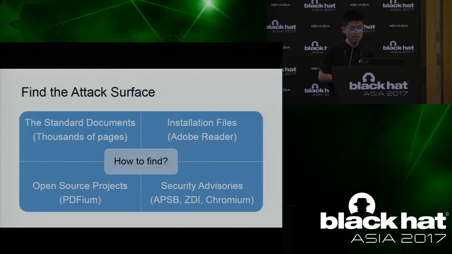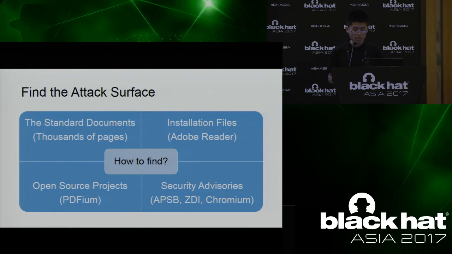The second one is to investigate the installation files. I'll talk about it later and use Adobe Reader as an example here. The third one is to investigate open source projects. Also, I'll talk about it and use PDFium as an example.